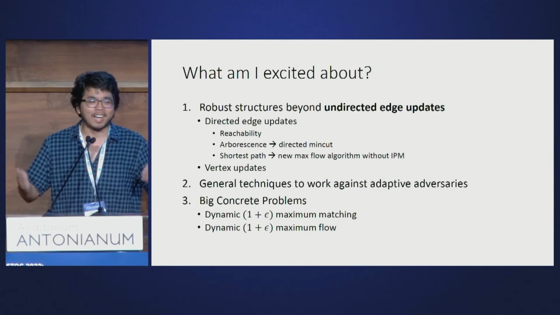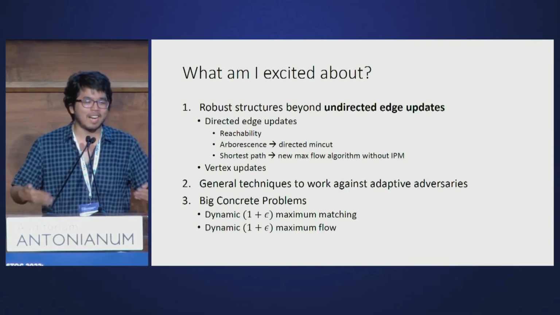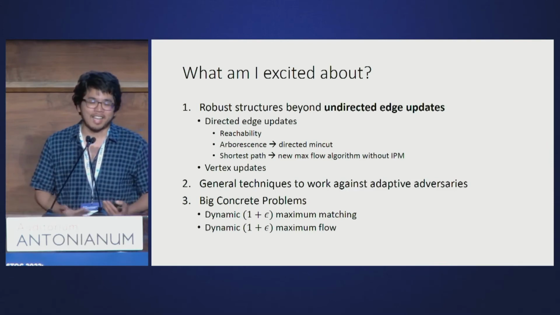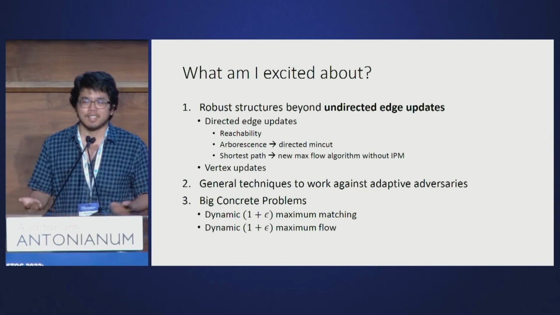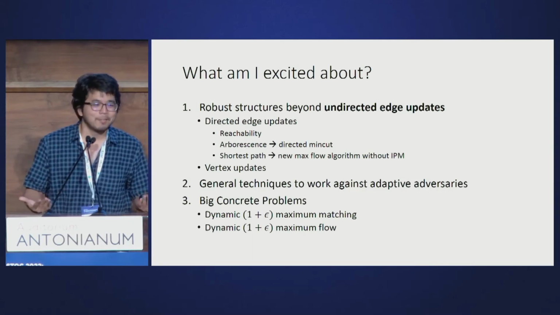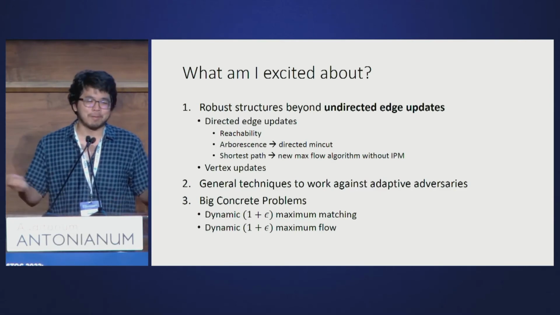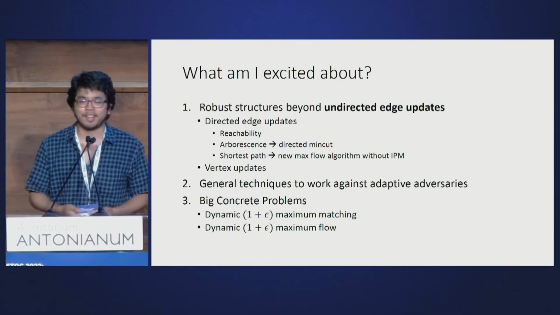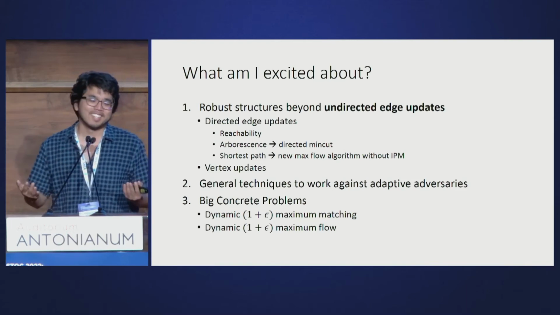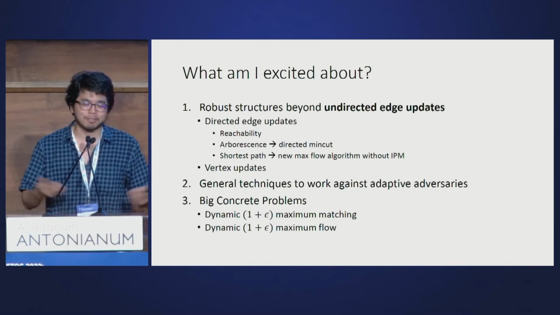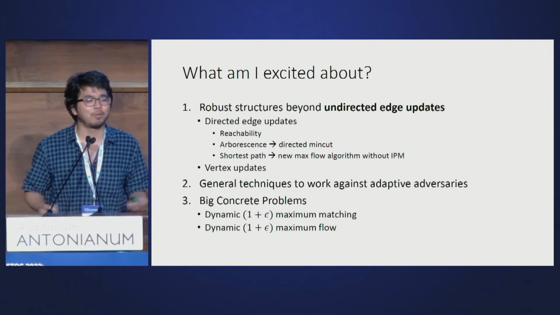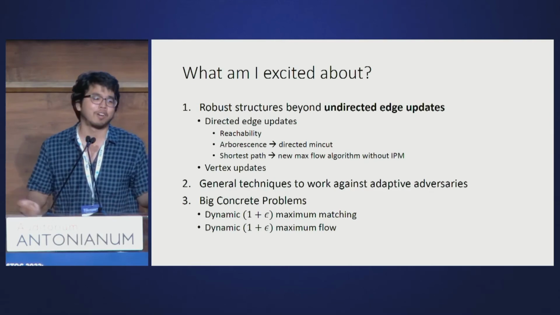By now there are quite a bunch of algorithms that can handle edge updates in undirected graphs. But once you have a directed graph, so many problems turn out to be very hard. And for some problems where we hope to have good algorithms, it turns out that we just don't have enough tools for this yet.